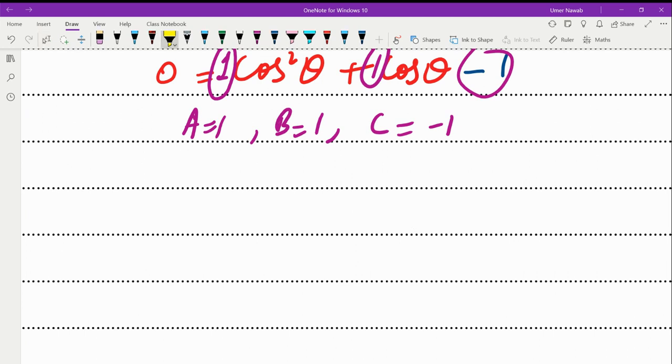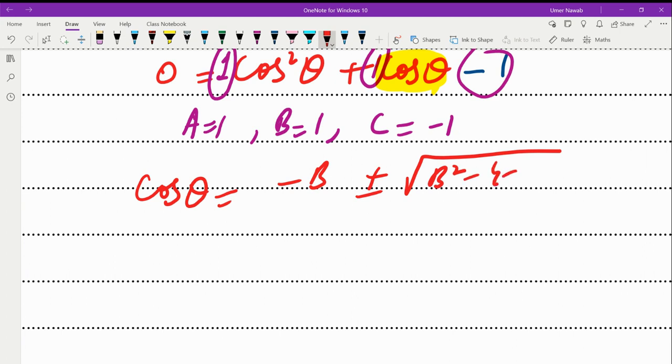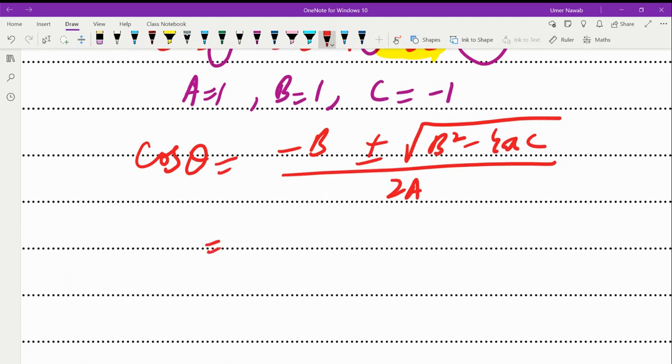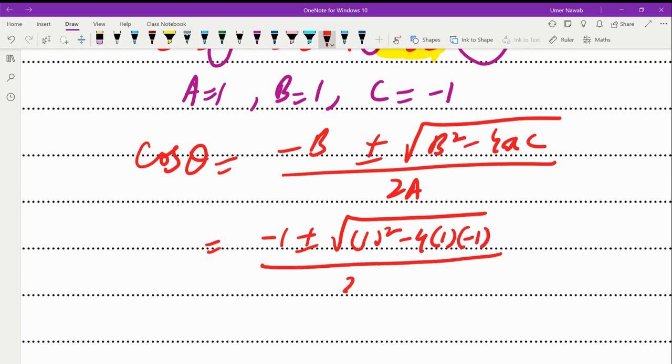This equation is quadratic in cosine of theta, so I'm going to write here cosine of theta. If it is quadratic in x, you write x is equal to. Since it is quadratic in cosine theta, I write cosine theta. Then the quadratic formula is minus b plus minus the square root of b squared minus 4ac over 2a. Got it? Now substitute the values: minus 1 plus minus the square root of 1 squared minus 4 times 1 times minus 1, divided by 2.